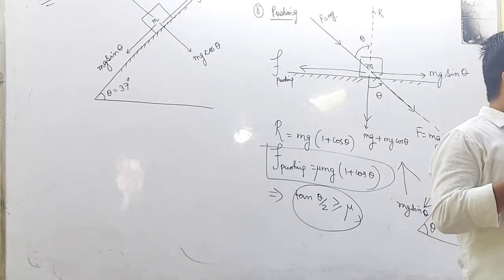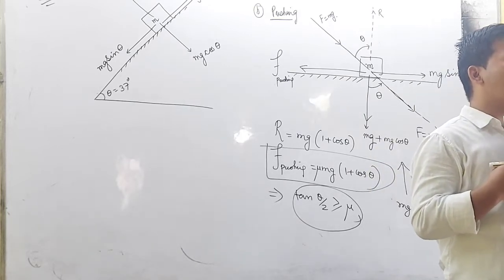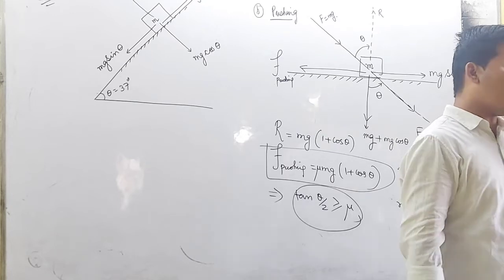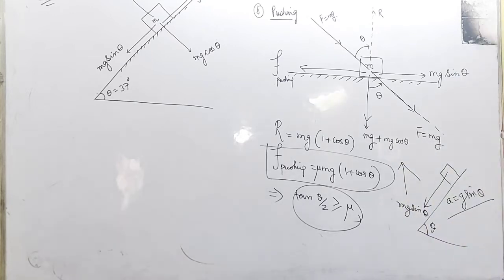The surface generates forces. Two forces are generated: the normal direction R and the frictional force F, perpendicular to one another.